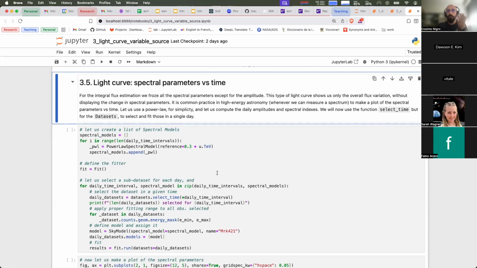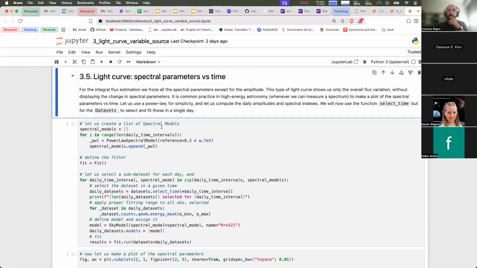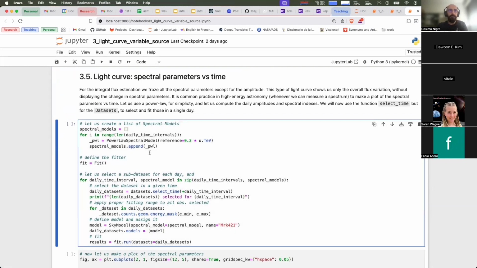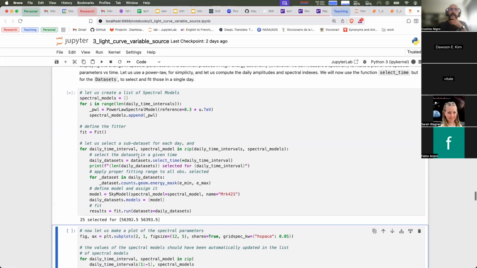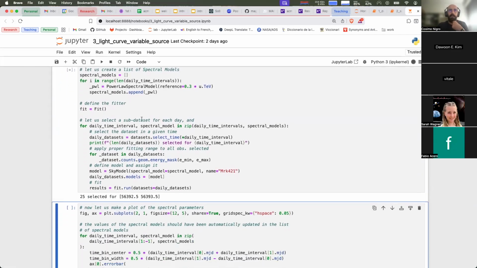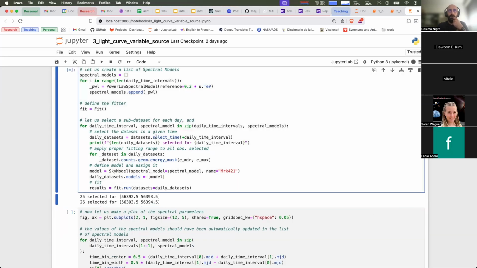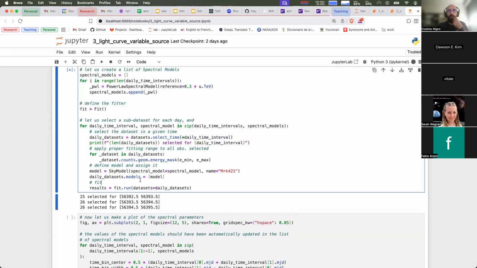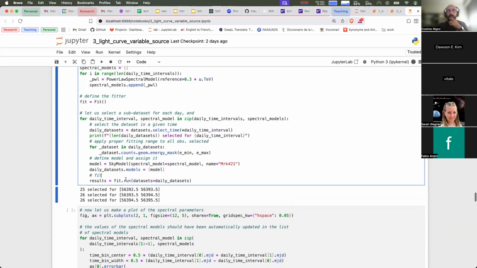So that's what I will do here. Basically, I create a list of spectral models, a series of power laws, okay? And then I will select a sub-dataset for each day. So I will do the select time for each daily time interval, and then I perform the spectral fit of each day, okay?